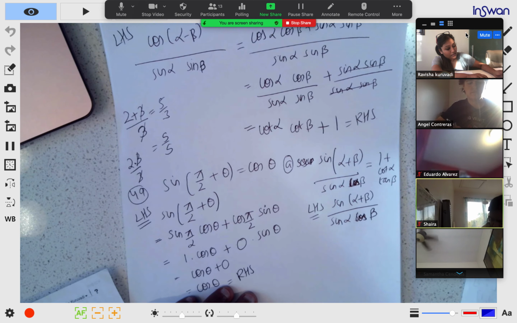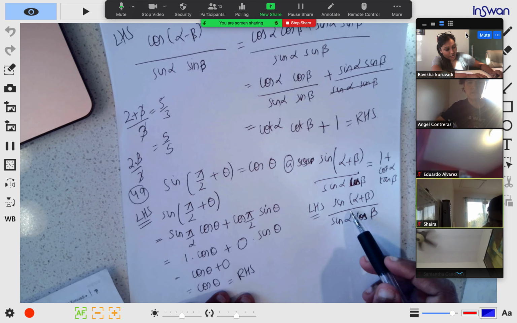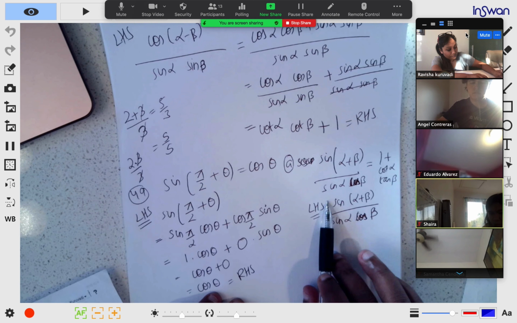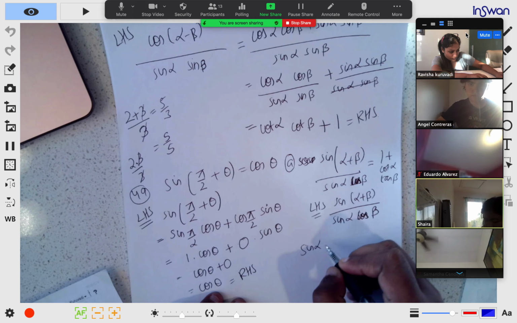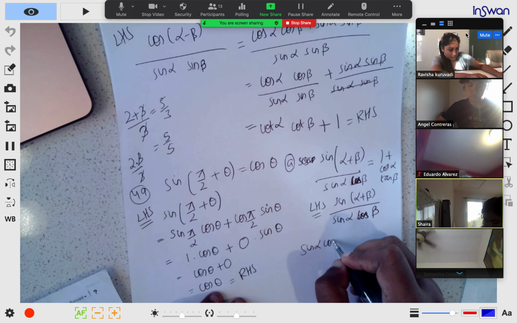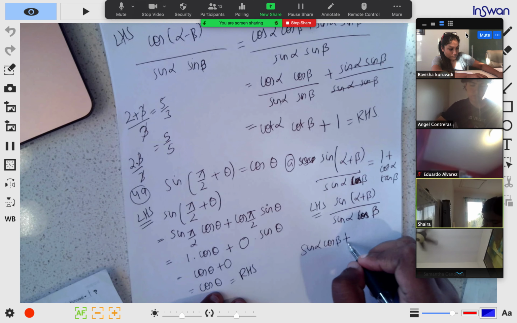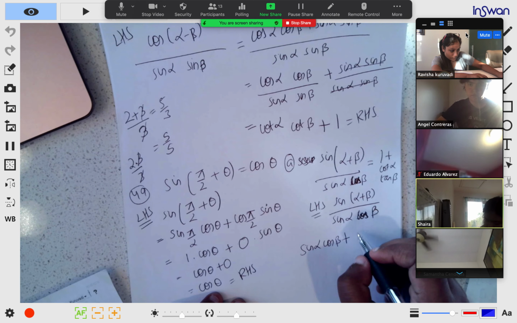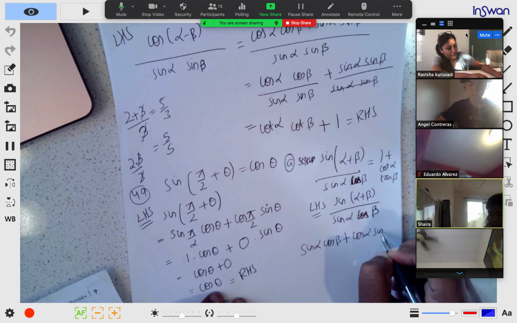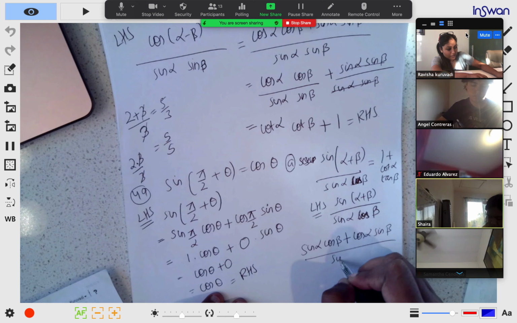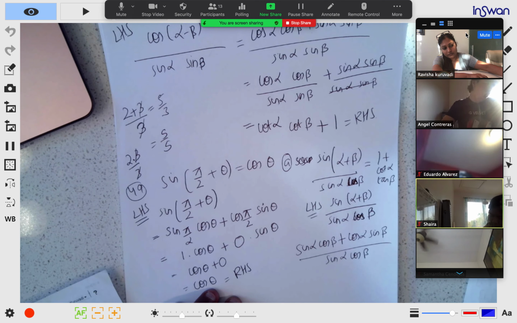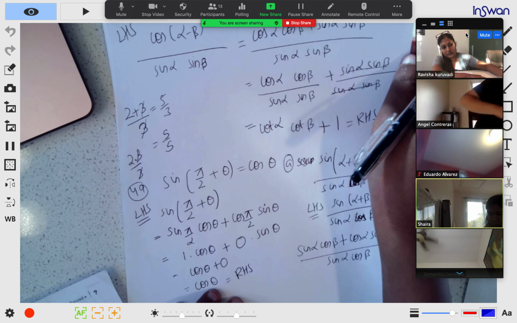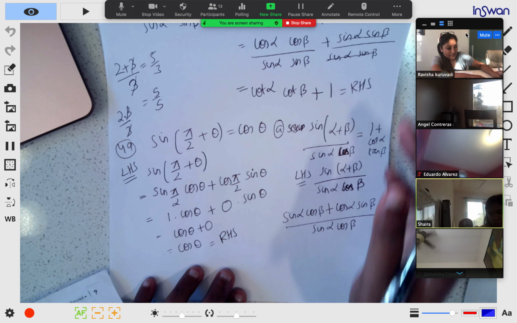I want to expand this. How do I expand? The numerator would be sine alpha cosine beta plus cosine alpha sine beta, over sine alpha cosine beta. What's my next step? You separate them.